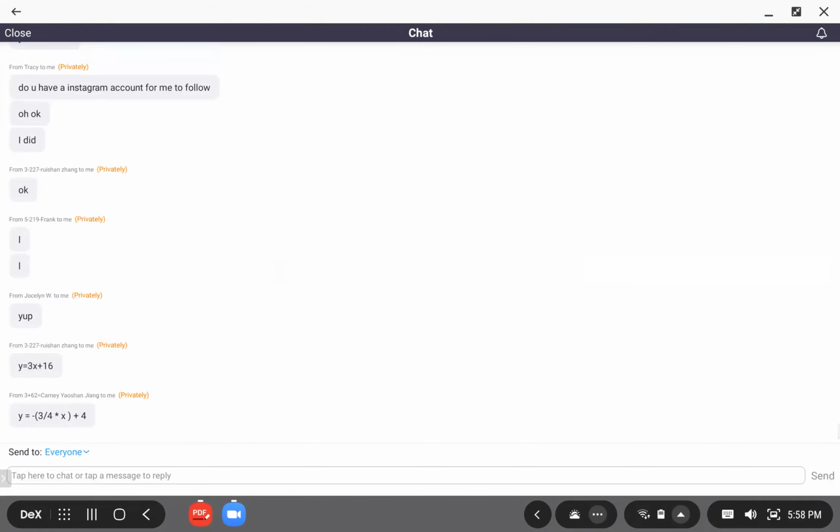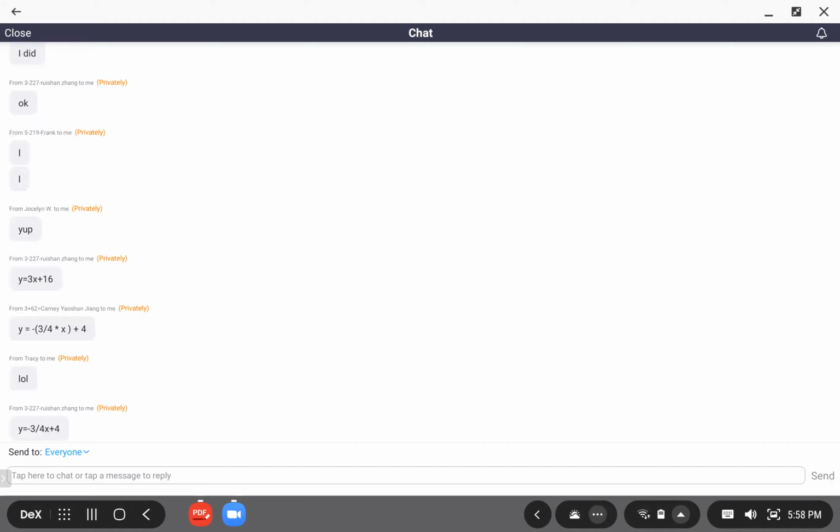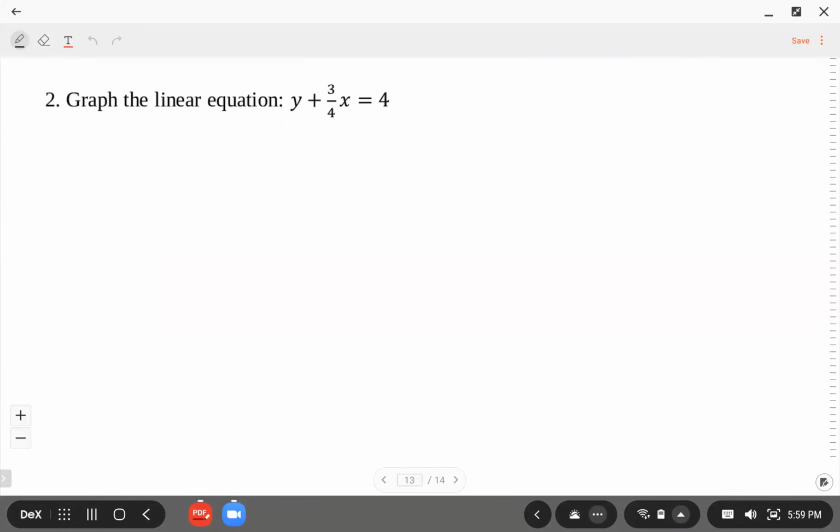Does anyone have more answers? Who can give me the 3 coordinates of the 3 points besides the slope-intercept point?